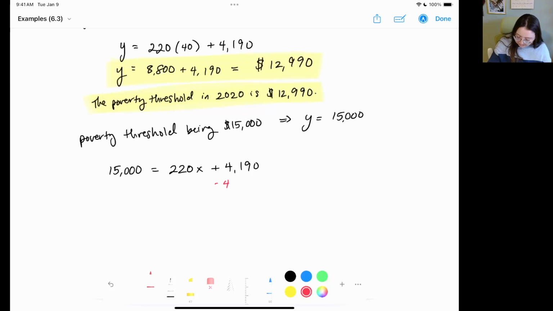We're going to subtract 4,190 to get rid of our constant number there. It will cancel over here. 15,000 minus 4,190 is going to be 10,810, which is equal to 220x. We're trying to solve for x, so we'll get rid of the 220 by dividing.